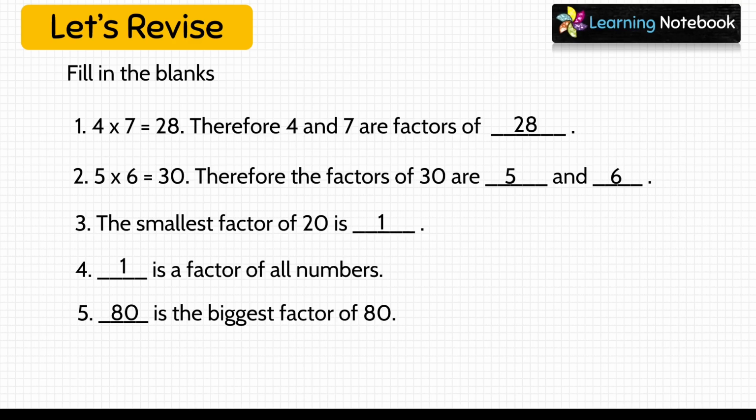Because we learned the property that a number itself is the greatest or biggest factor of itself. Now the last question is, dash has only one factor. Answer is 1. Number 1 has only one factor, that is itself.